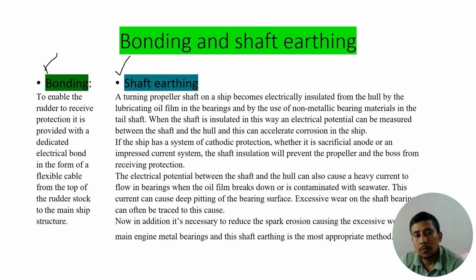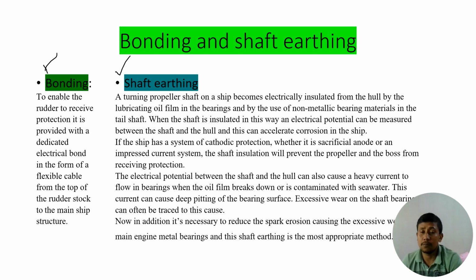Now, you have a shaft earthing on board ship, you have a millivolt meter. And how do you know your shaft earthing is working or not? Well, if your millivolt meter is showing 0 at rest, it is in normal condition. At rest it can show 0 because the shaft is not rotating. That means there is no oil film around the shaft, and it is normal. But when the shaft is rotating, if the millivolt meter shows 5 to 50 millivolt, that means you have a good shaft earthing.